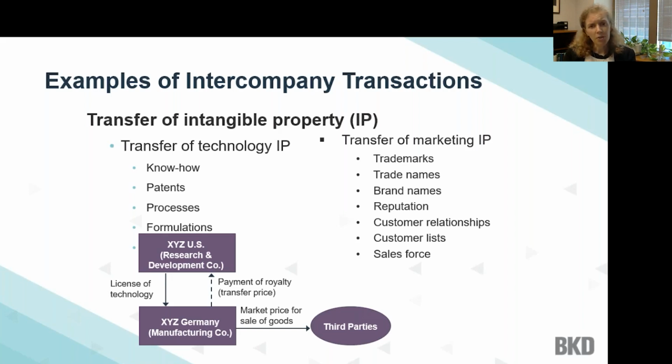So if you want to file for a patent for some IP that you've developed, ideally you're going to have the entity that owns that patent be the same one that is the economic owner and paying for all the DEMPI functions that are going on. So, I just wanted to list some basic or common types of IP. Again, it does not have to be registered, it just has to be valuable to the company.